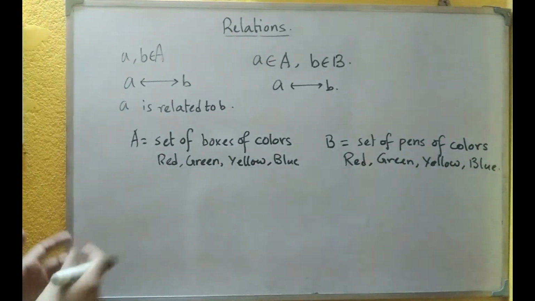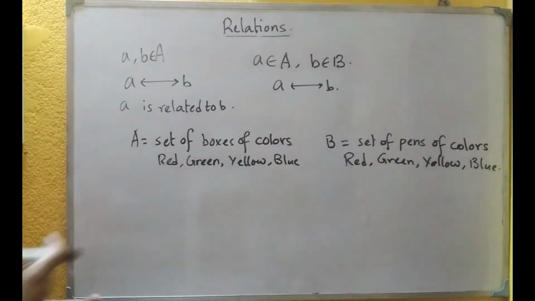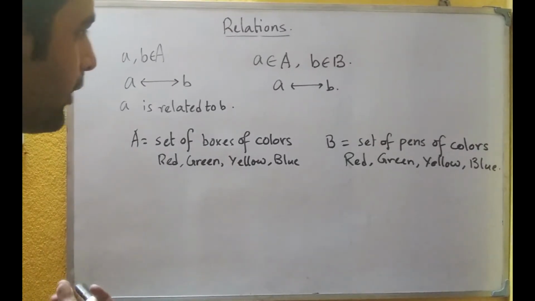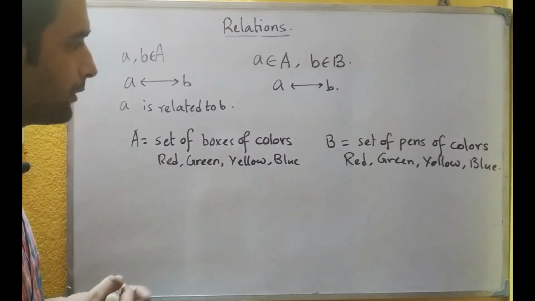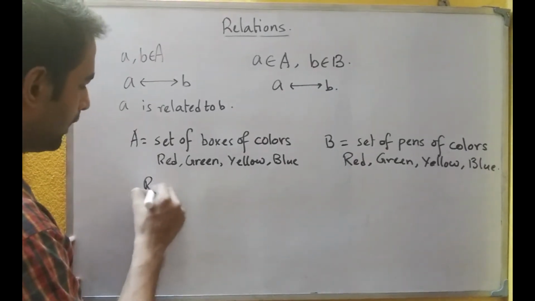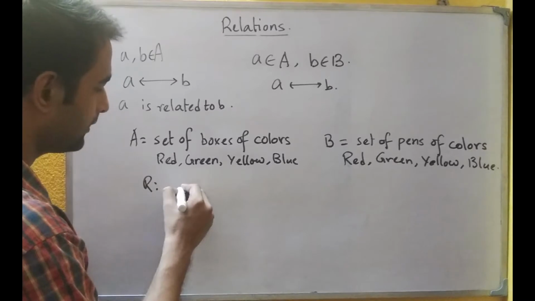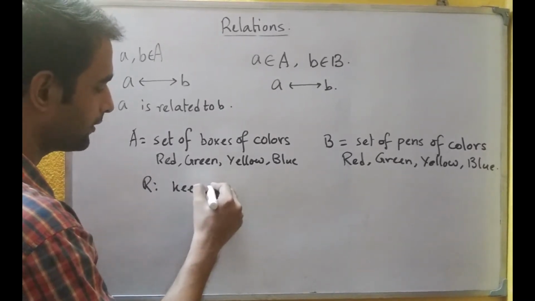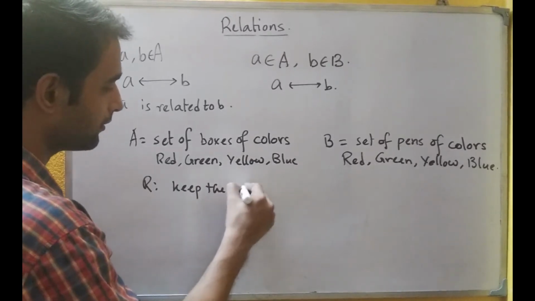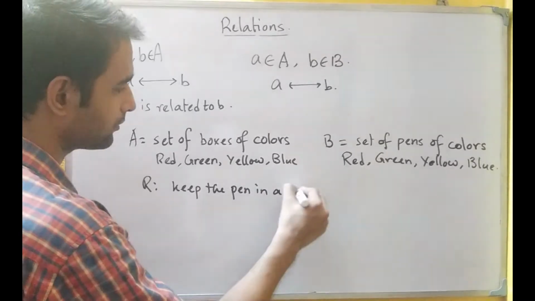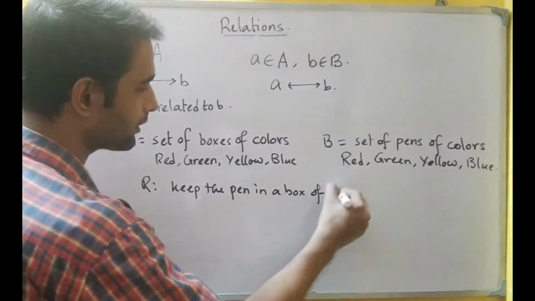So somehow we want to link the elements of A with the elements of B. So how can we do that? We can do it using the colors of the objects. So we can define the rule R as: keep the pen in a box of the same color.